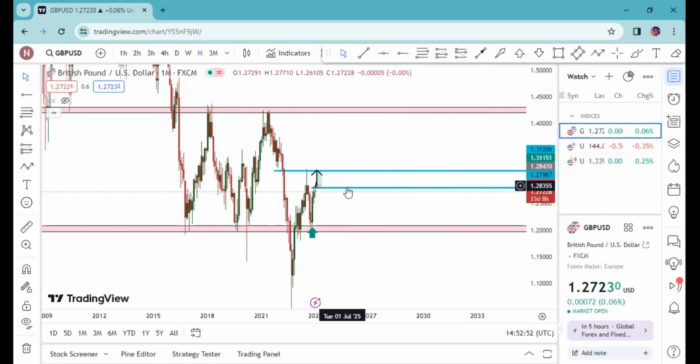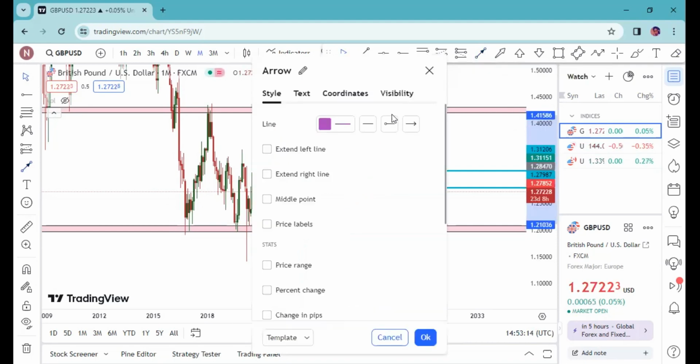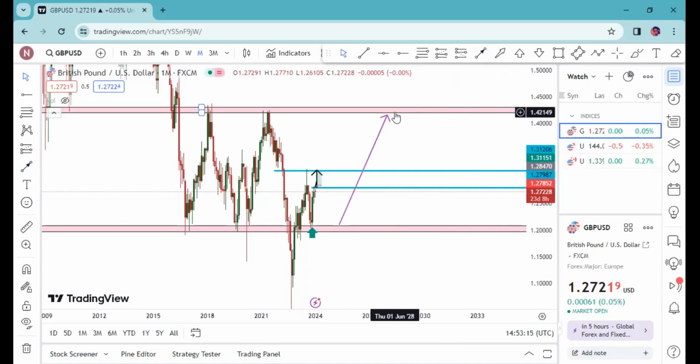These two lines determine if I can continue go up or go down. If I break this level, retest, then I'm going to another level. But my main target is to move this market from one level to another.